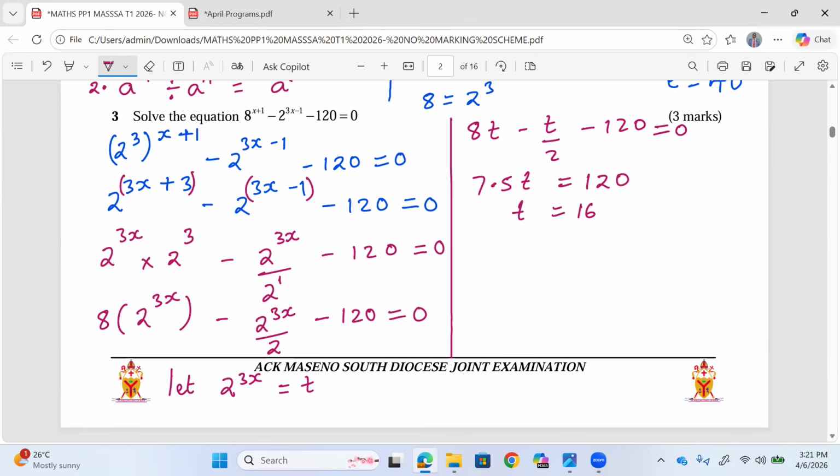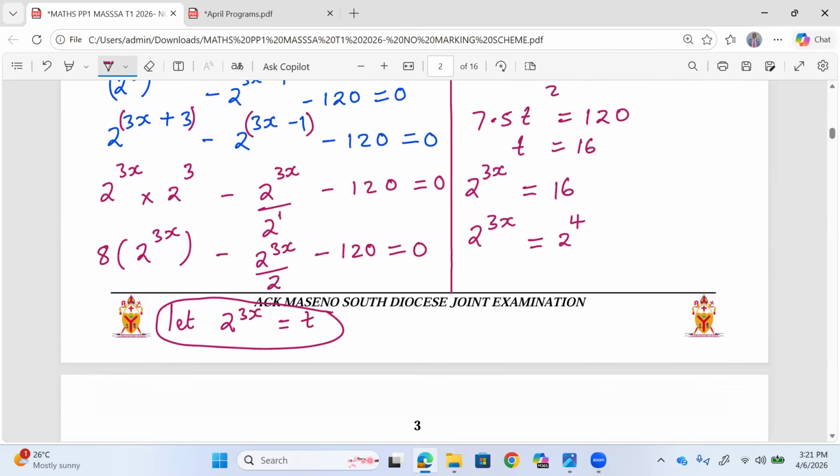What had we let to be t? What had been let to be t is 2 power 3x. So instead of t, we are having our 16 there. 2 power 3x equals 2 power 4. Yeah, 2 power 4 equals 16.